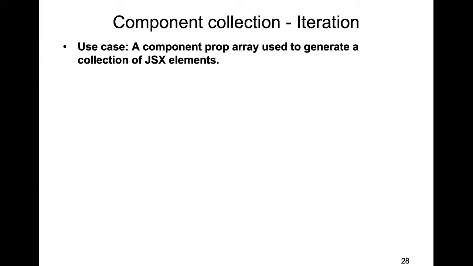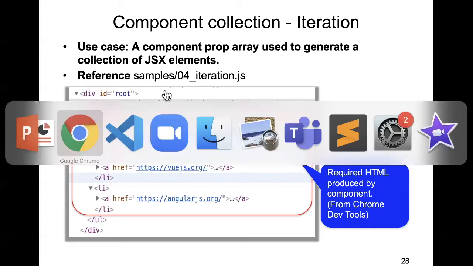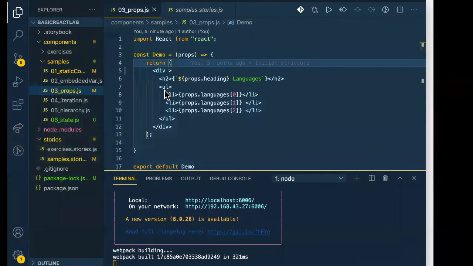So this is the 101 example of it. And it turns out the sample that we're going to look at wants to generate an array of Li elements. Okay. So sample 4. Again, it's probably beneficial to look at the story first.